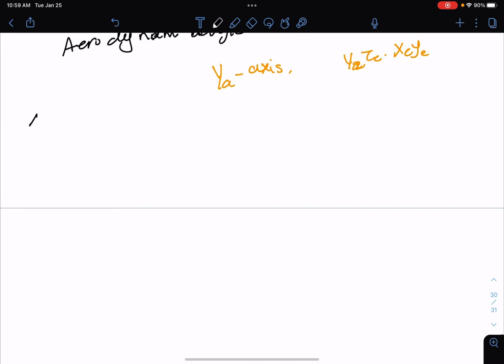The next ones, which are the angles that are used the most, is the angle of attack. The first one. How do we define angle of attack? What do we think? Based on these 4 different coordinate systems, how do we define the angle of attack?